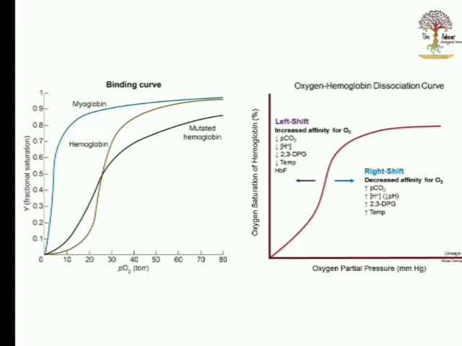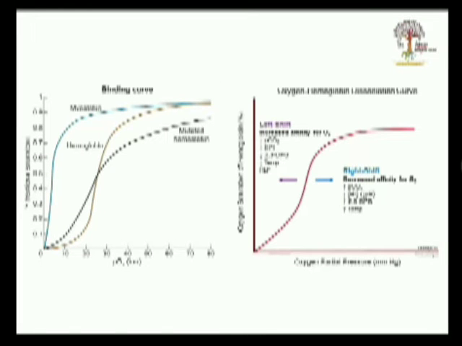And finally, let us look into external factors like carbon dioxide, hydrogen ion concentration, the concentration of 2,3 bisphosphoglycerate, temperature or pH. What will be the position of the oxygen partial pressure curve?